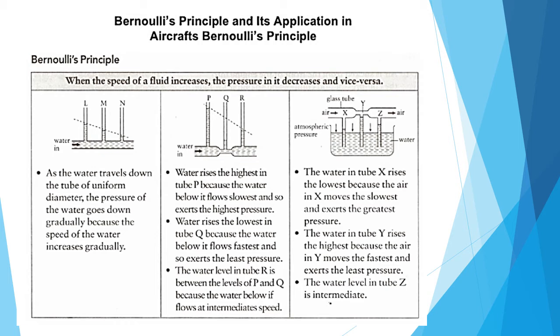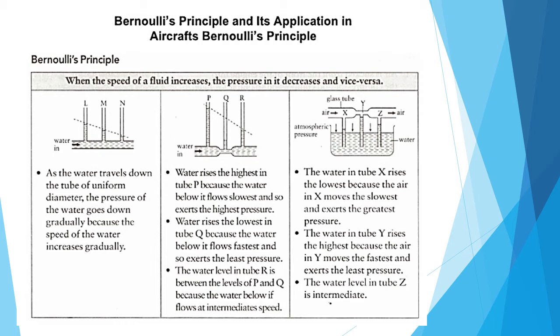As the water flows down the tube of uniform diameter, the pressure of the water goes down gradually because the speed of the water is gradually increasing. In this diagram, the water entering at the L level tube is very slow.